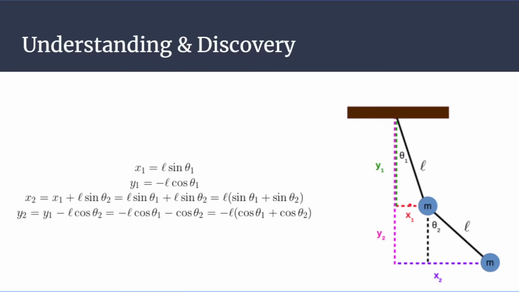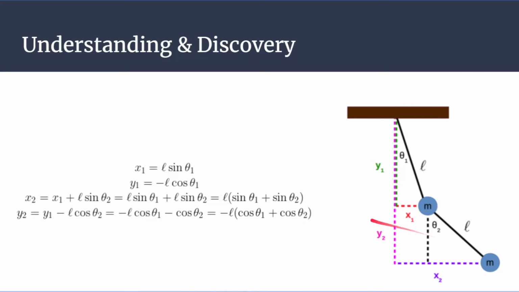Let x1 and y1 be the x and y position of the upper ball, and x2, y2 be the x and y position of the lower ball. And we will set the origin of the system to be the point here. T1 and T2 are the tensions on the upper string and the lower string. Upper string is T1 and lower string is T2.